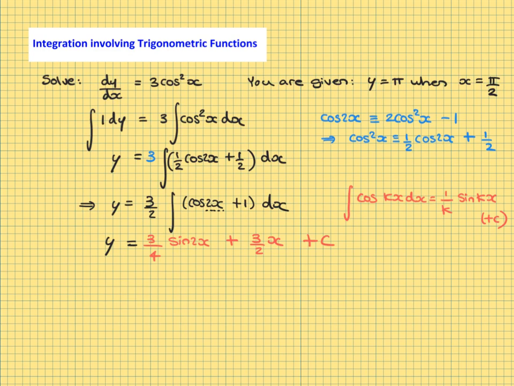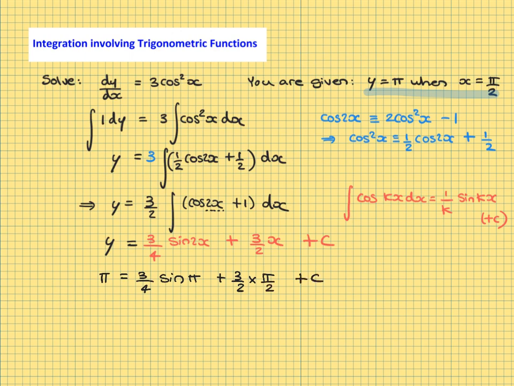So now we need to make sure we use the boundary conditions that we were given up over here. So let's substitute those in. Y equals pi. Now we then have 3/4 sine pi plus 3/2 multiplied by the x value of pi over 2 plus c.